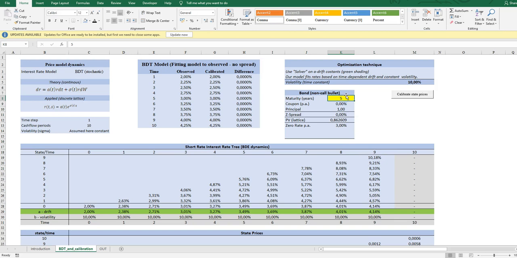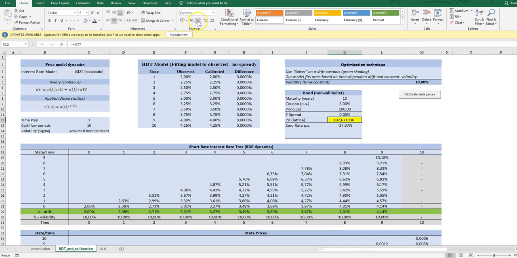I'll just price another product. Could be a 10-year coupon bond, 5, principal 100, and this one has a price of 107. And say that we know that we have this structure of a bond, of a bullet bond, and I would actually like to have a risk premium over the zero coupon yield curve, represented here by the set spread.